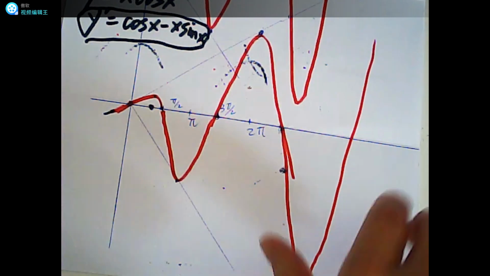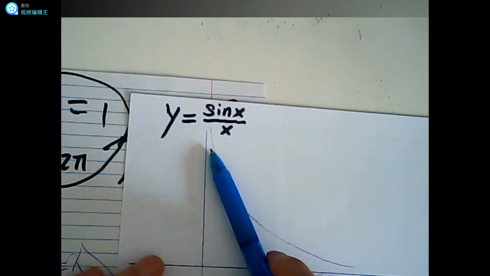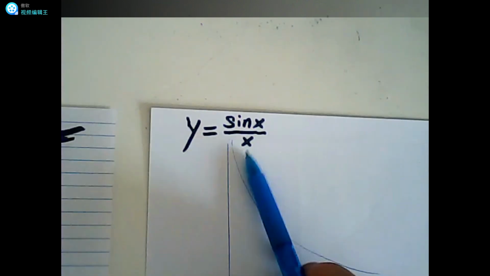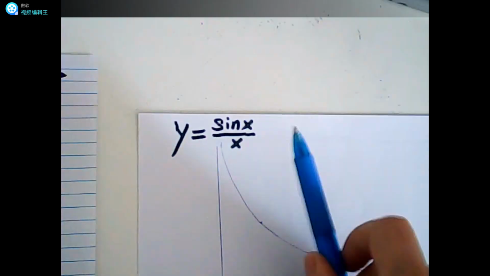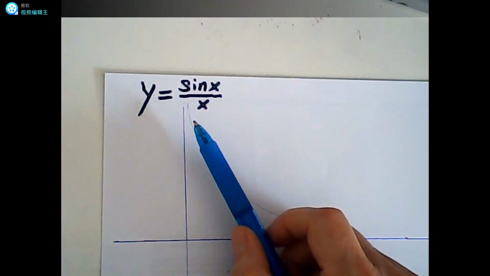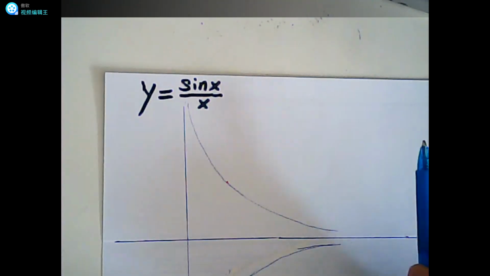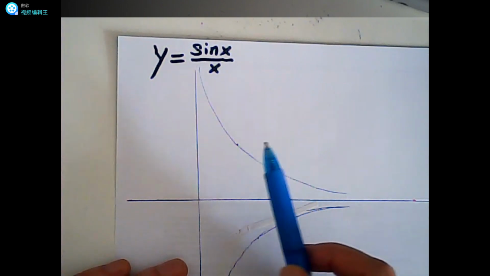Okay, now let's look at another one. Look at this function. We know that this function is an even function, so we just need to draw half of it for x positive. Then the other half we can get using the mirror image.